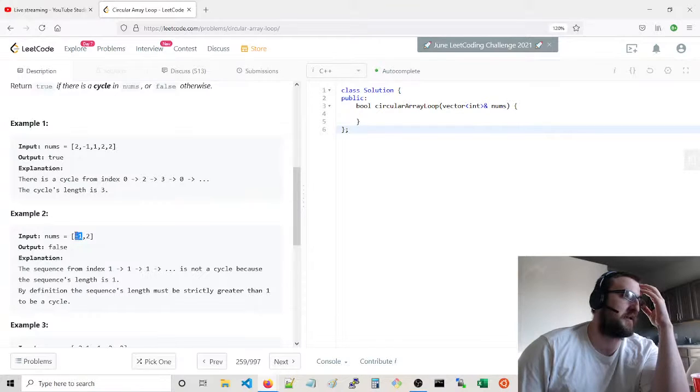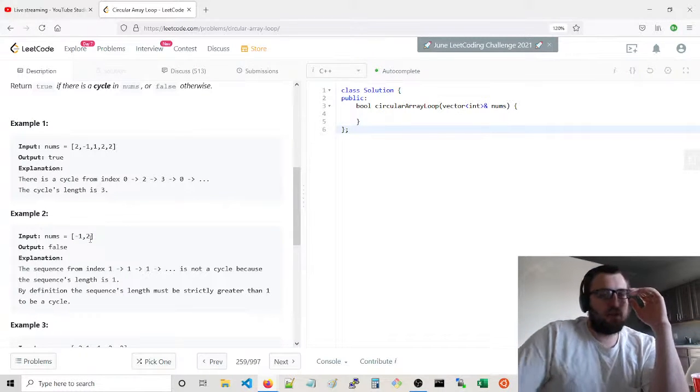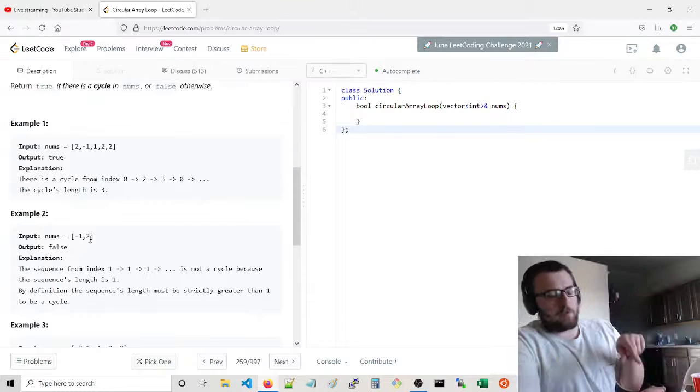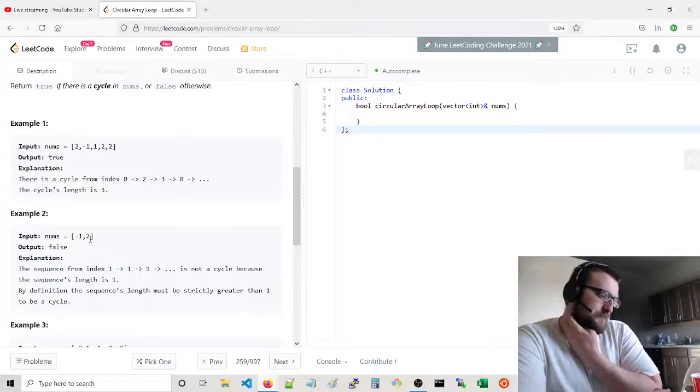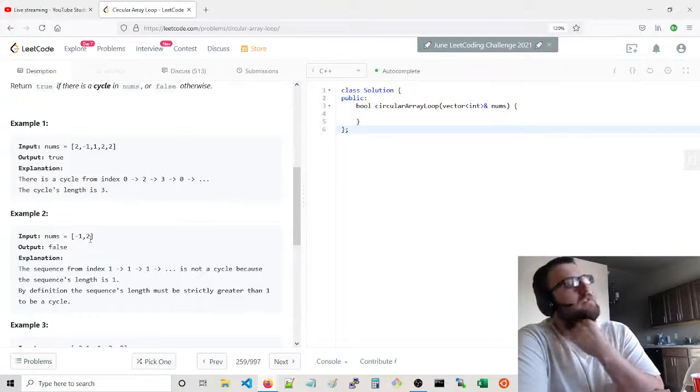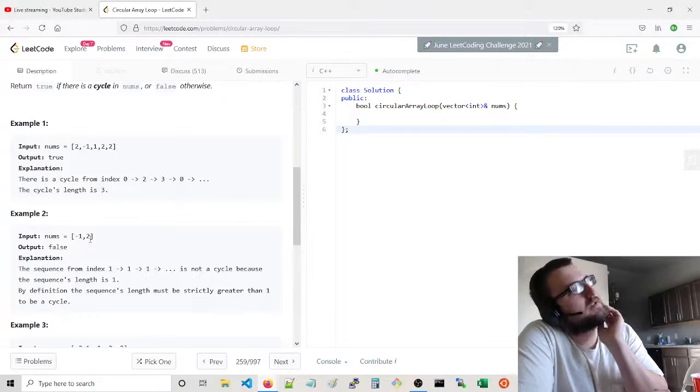You actually can be. You can have a spot where you basically just keep looping back into the same spot again. Whoops, that's my mistake.